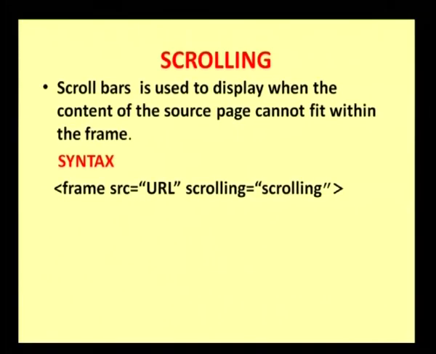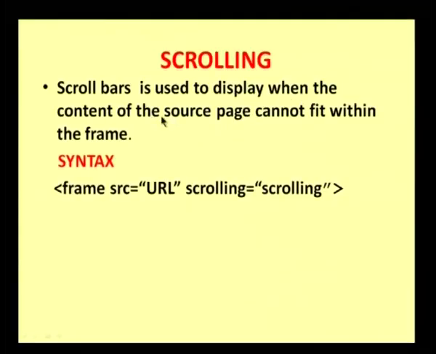So, to see the entire information, we can use scroll bars to view the entire information present in the particular frame. So, it is used to display when the content of the source page cannot fit into the frame. When the frame size is small and the content is large, we cannot view the content. So, to view the content, we can specify it with the help of the scrolling attribute.